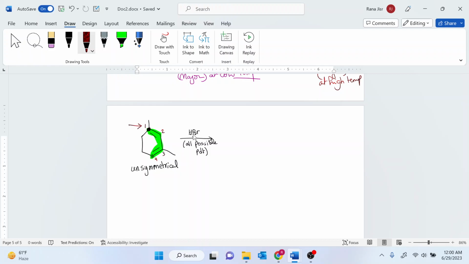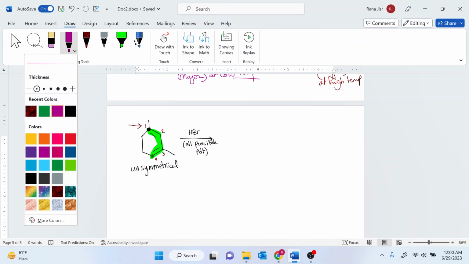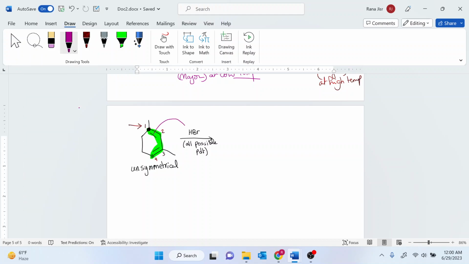Markovnikov in conjugated systems does not mean hydrogen adds to the less substituted carbon. Please pay attention. Markovnikov means that I need to form the most stable carbocation. So in this case, my double bond is going to start the reaction, and it's going to open, pick up the hydrogen, bromine is going to leave.